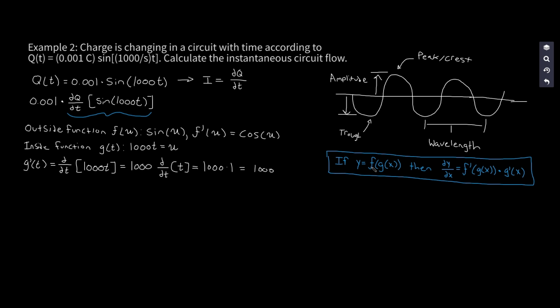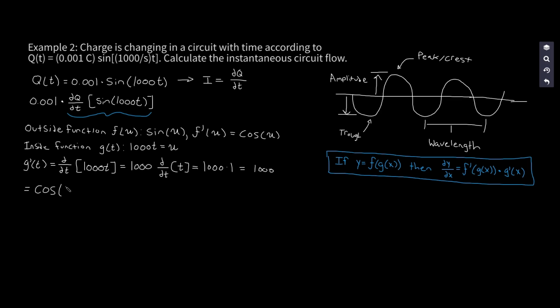Okay, so when we look at the chain rule here, we need f prime of g of x. So f prime is cosine of u, but we put what g of x is on the inside of that. g of x is 1000 times t, or excuse me, g of t is 1000 times t. We're using the terms synonymously; the variable is just a placeholder. So let's set that up.